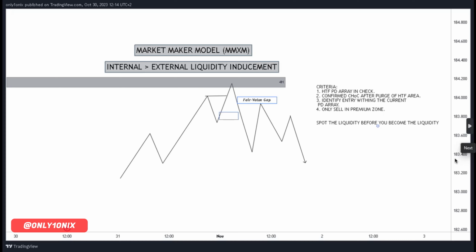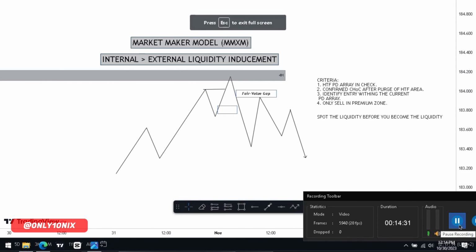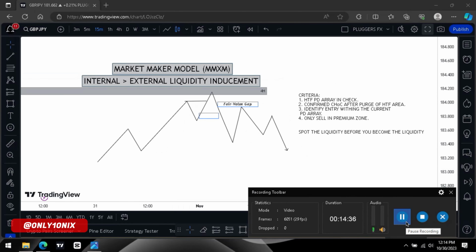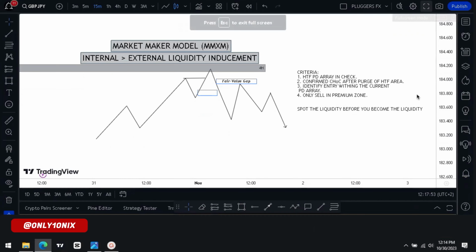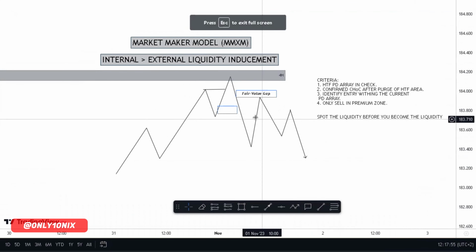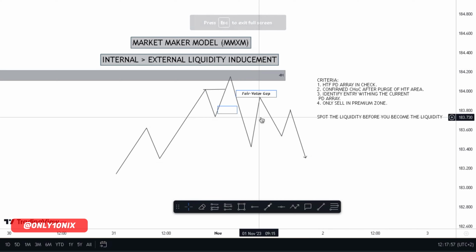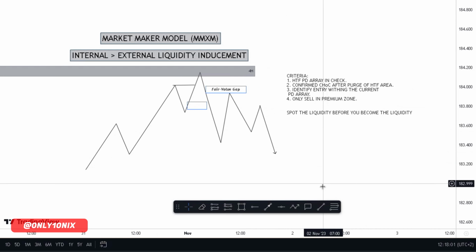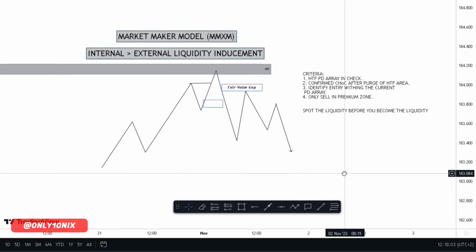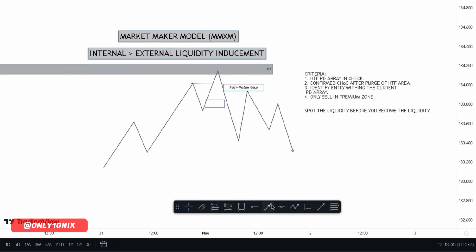And we need to have a confirmed change in character. So understanding that we have mitigated, we need to identify a change in character, or as others classify it, a market structure shift. Everybody has their own definitive terms, but for me, it's always going to be a change in character.